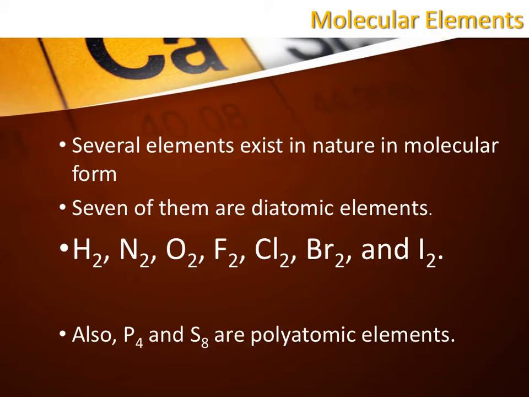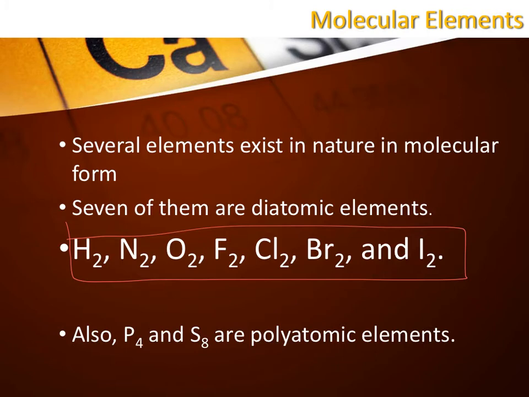As we get into naming and start talking about chemical reactions, it's important to know which elements do exist as a molecule rather than a single atom. And there are 7 of them that exist as diatomics. Go ahead and commit these to memory. Jot them down, make a note.